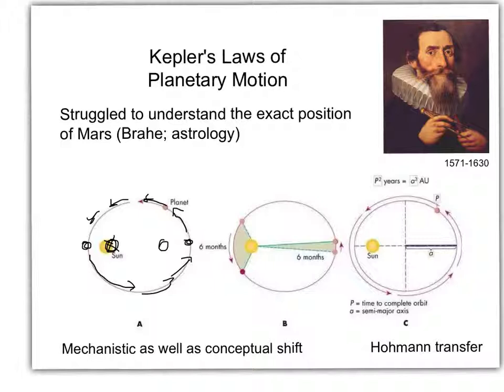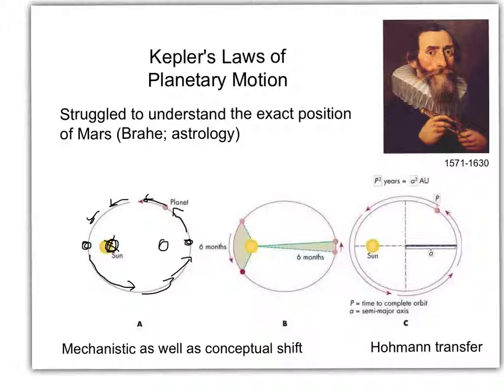Anybody recall that? Perihelion, meaning peri means close, helion means the sun, Helios, sun god.